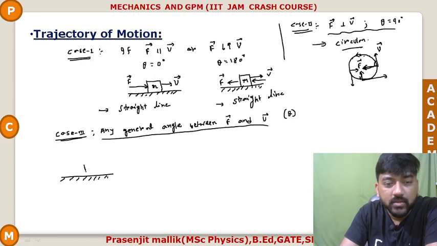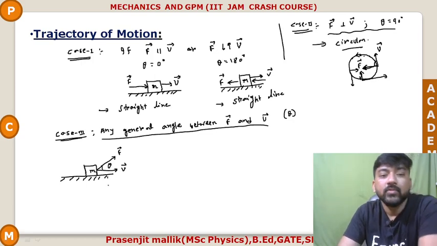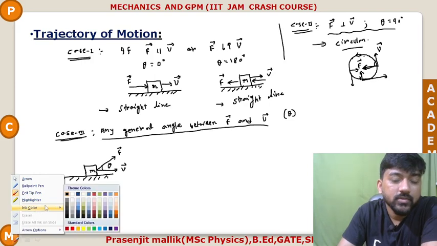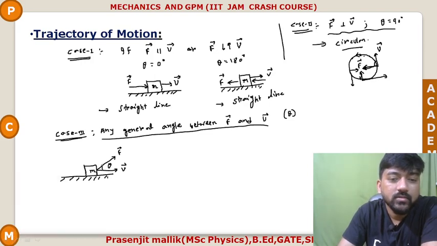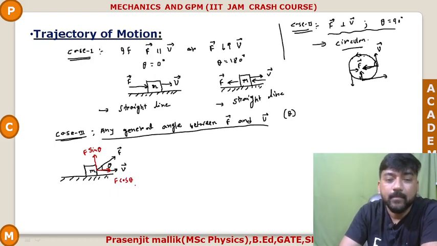The object of mass m, and a force is acting at an angle theta with the velocity vector v. Now if you resolve this force into two components, you can understand. One will be along the velocity vector and another perpendicular to it. So this will be F sin theta, and this will be F cos theta.